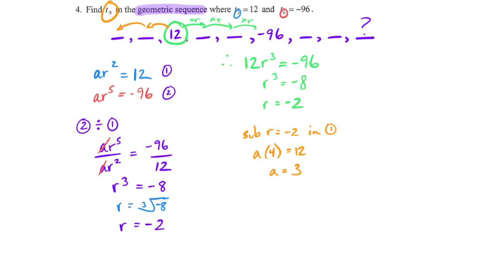Let's find term 9. So my general term for this sequence is 3 times my R value, all to the n minus 1. And so to come up with term 9, I need to calculate that. Not too bad. So again, I'm going to follow BEDMAS, not trust my calculator.